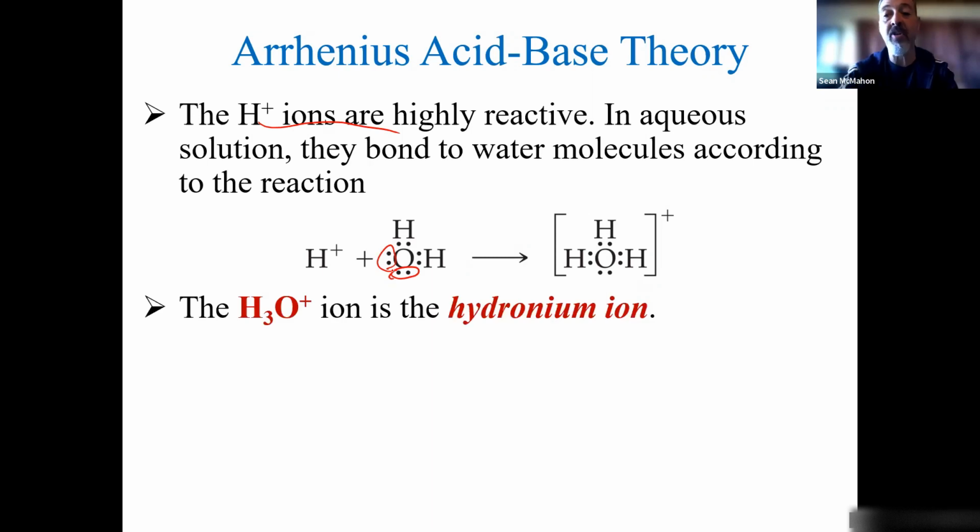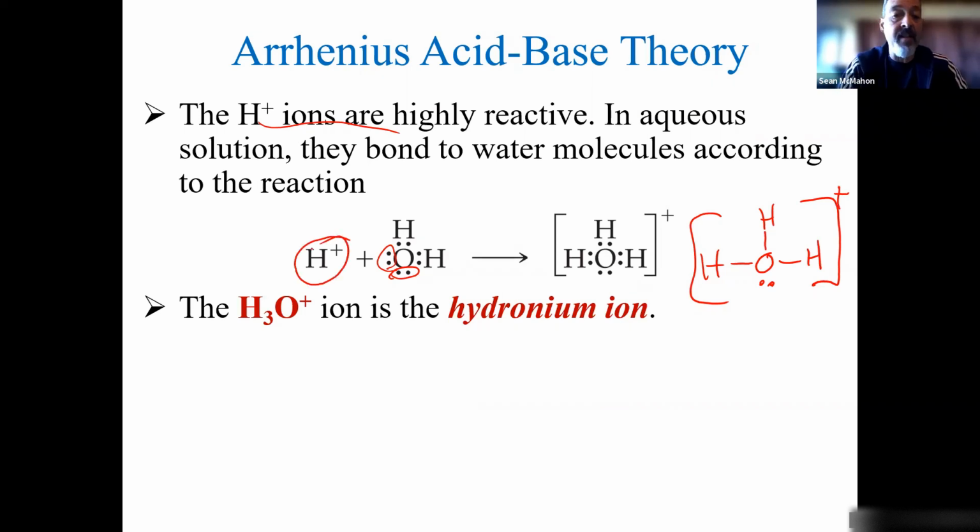And if I was to use line formula, the hydronium ion would look like this, where there is now only 1 lone pair on the oxygen, and there would be 3 bonds. Overall, this would have a positive charge of +1 because the proton comes in and doesn't bring any additional electrons.